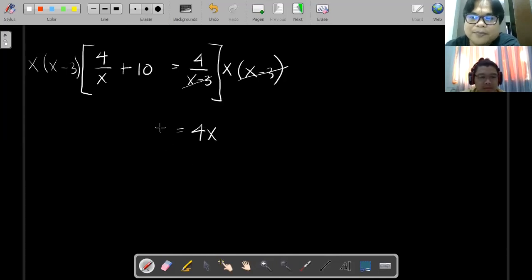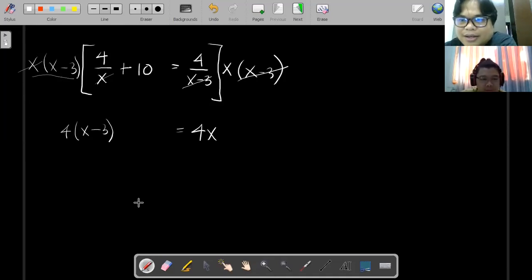How about on the left side? When you multiply this term, I'll underline it, to this term, 4 over x, cancel out the common x. All you have left is 4 times x minus 3. Okay? Are you getting it? Yes, sir. I get it.